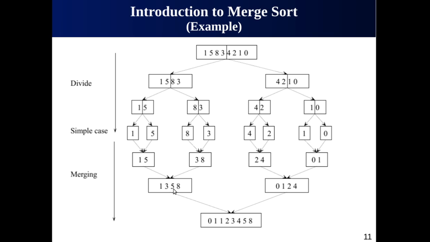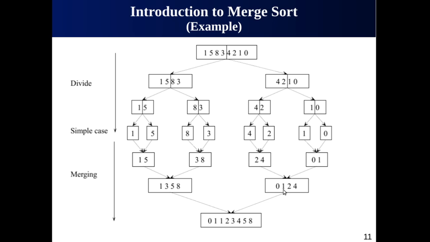Once you compare these two cards on top of the two piles, you come to know that 0 is less than 1. So you select this card, 0, and remove it from its pile.